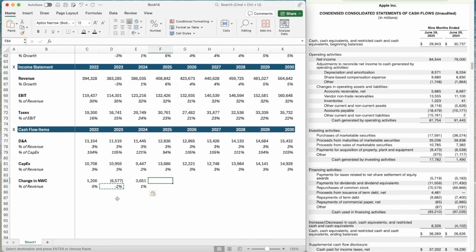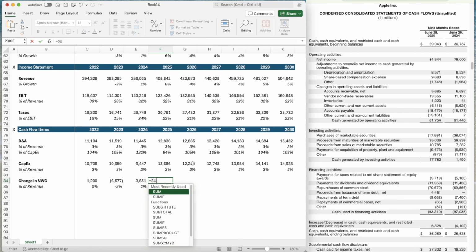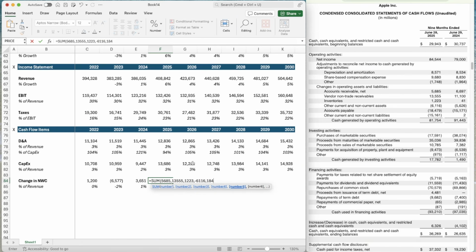It's only 1% of total revenue, so it doesn't have as big an impact. 3 minus 6116 minus 18479 minus 15161.